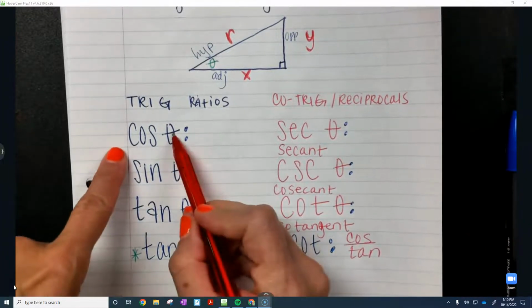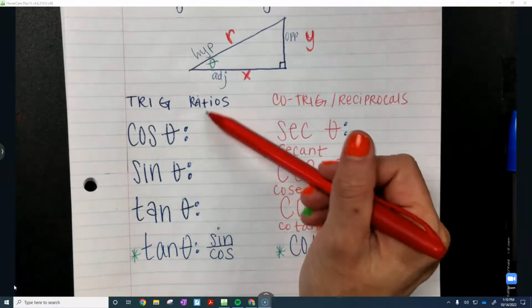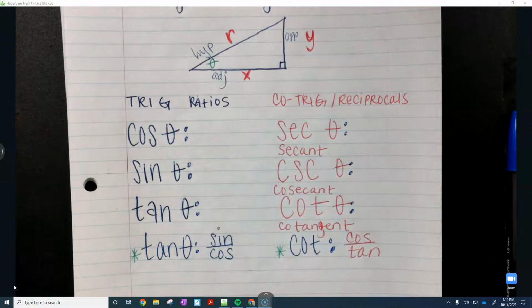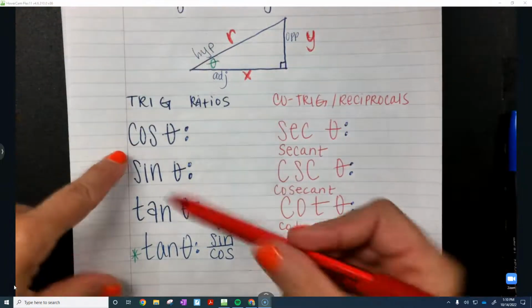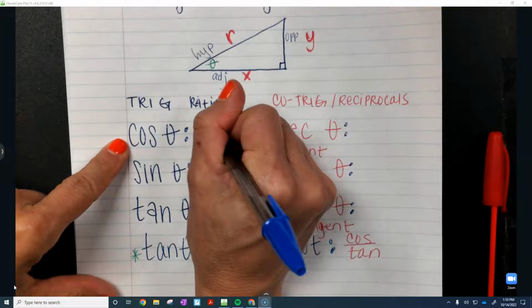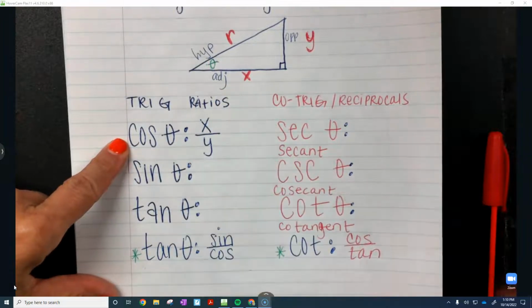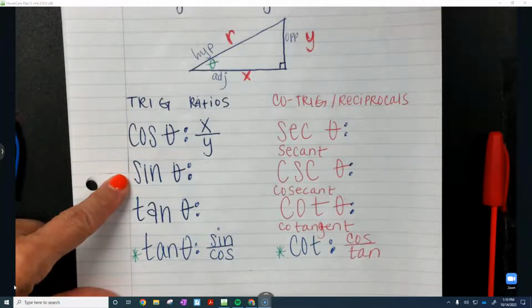All right, for cosine, what was cosine in SOHCAHTOA? What were the 2 sides? Adjacent over hypotenuse, yes, but we're not using those words anymore. We're using X, Y, R. So cosine is X over R. Remember, sine used to be opposite over hypotenuse.